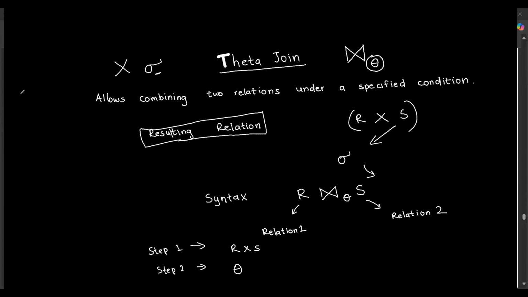So R theta join S is somewhat similar to selection with the condition on the resulting relational instance of R cross product with S. This is all you should know about theta join. And we'll try to understand using a small, practical example.